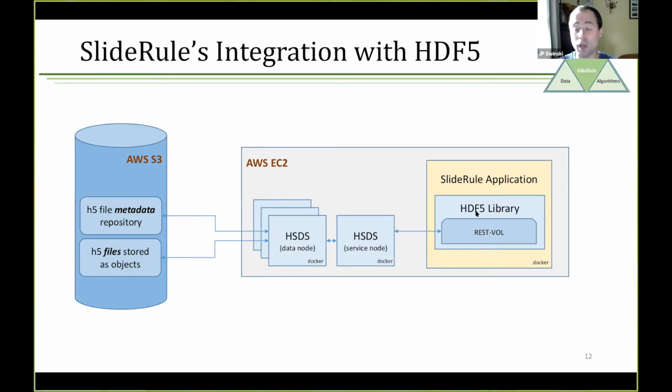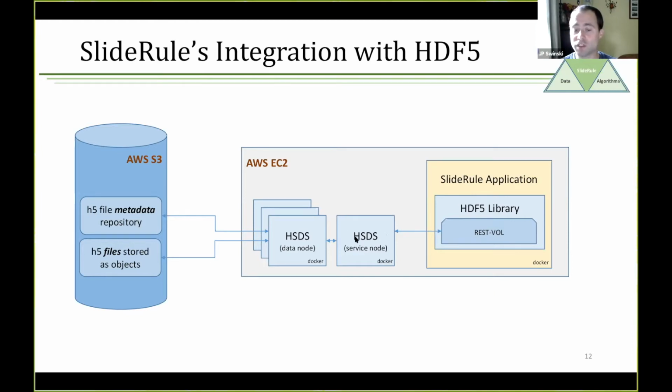And so it works very well. The application has no idea that it's actually talking to HSDS. It just knows that it's talking to the HDF5 library, and the library converts all of those API function calls into whatever it needs to do to talk to HSDS. So a read, let's say, will come through the library. The REST file will convert that to a read request to the HSDS service node.